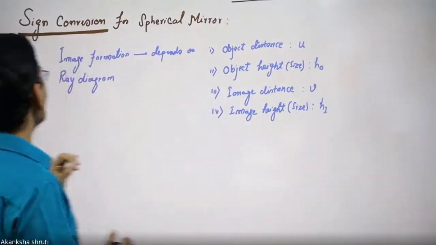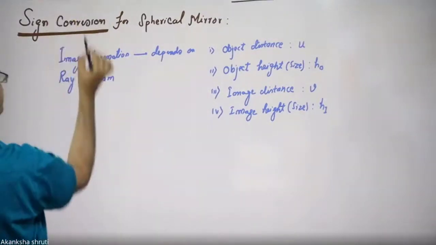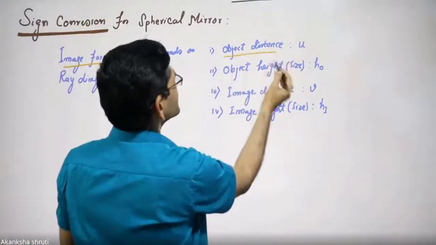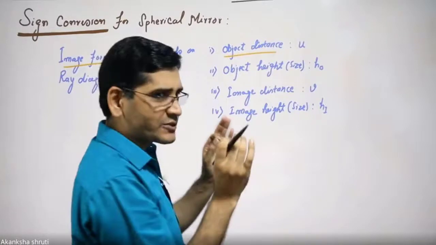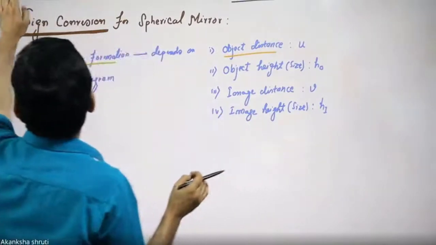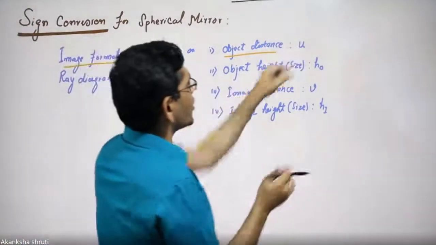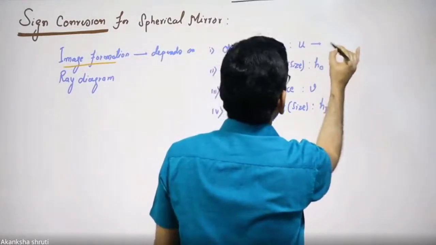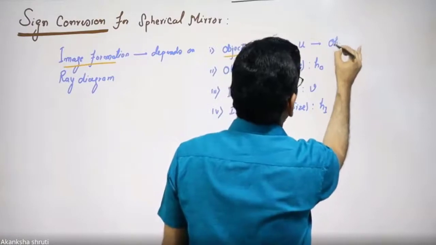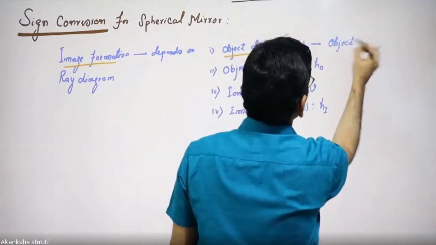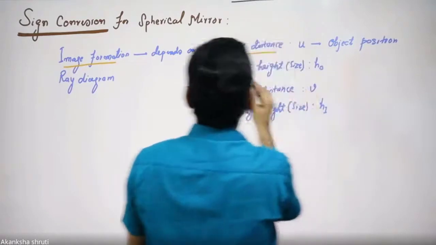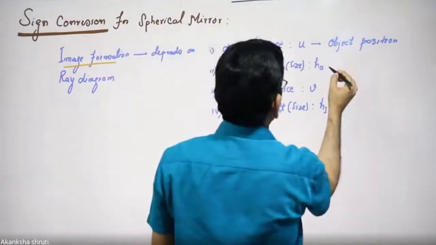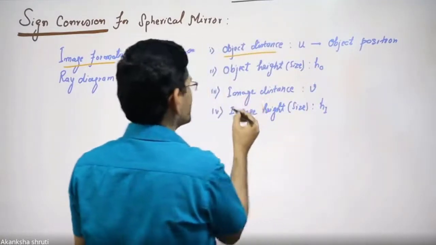Another thing we had learned is that the image formed depends on where the object is. So object distance or object position is an important thing. This object distance or object position is denoted by U. Then the height of the object, or size of the object, is denoted by HO.